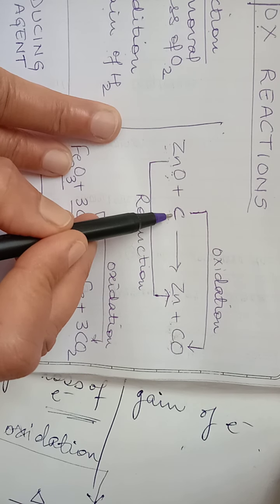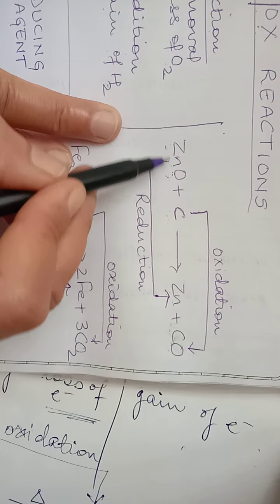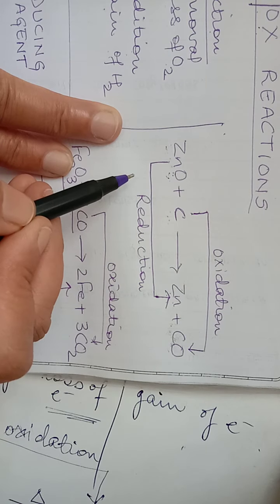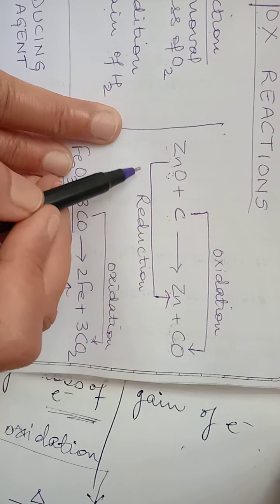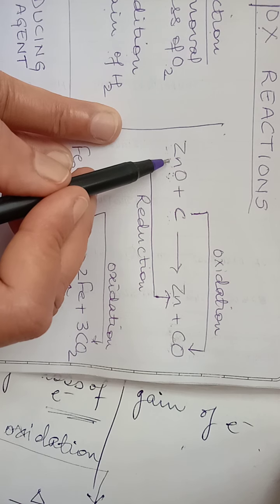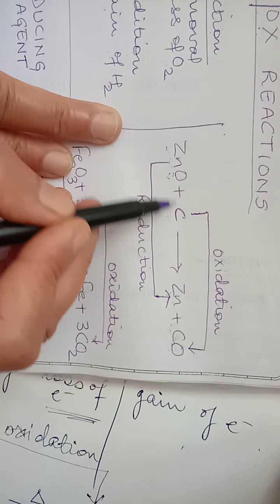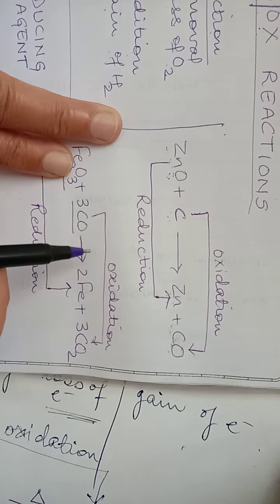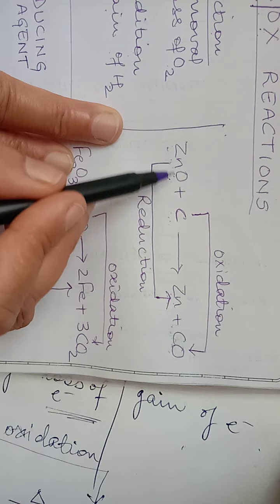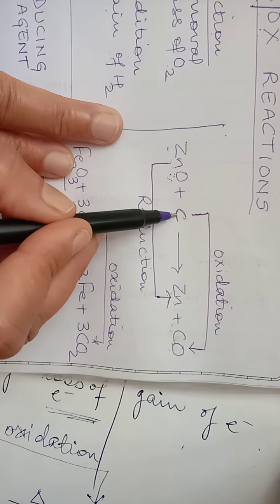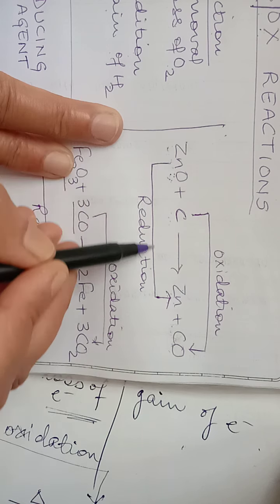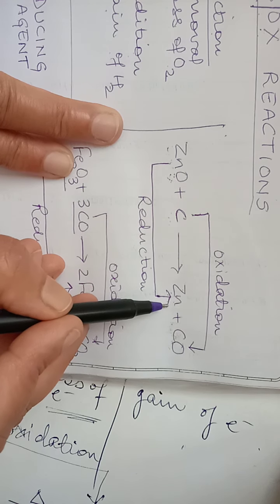So we can define an oxidizing agent as a substance which oxidizes the other substance but itself gets reduced. Zinc oxide has oxidized carbon, but itself it has been reduced to zinc.